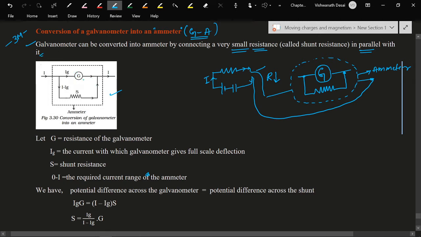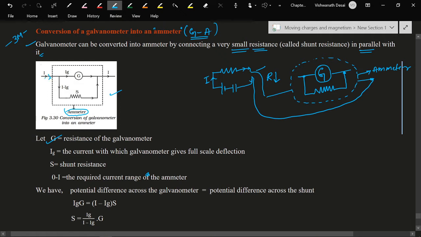There is a galvanometer here, and we connect a resistor of very small value in parallel with the galvanometer. Then this system acts as an ammeter. Okay. What is G here? G is called the resistance of the galvanometer, and the current I is coming.